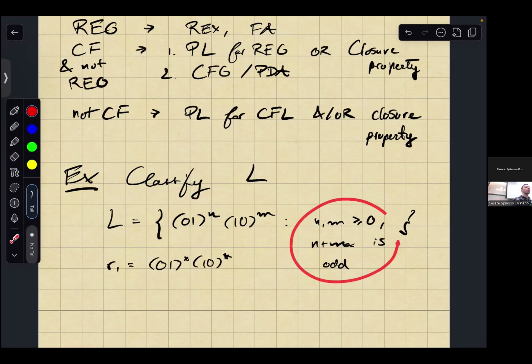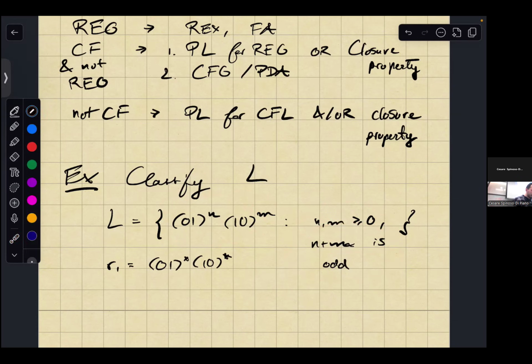Maybe if we look at the condition, it's going to make us not regular. So let's see what the condition is. n and m are greater or equal to 0, so that's fine. And n plus m is odd, okay? That's actually not going to be so bad because really what this is saying is I just have to consider a few more specific cases.